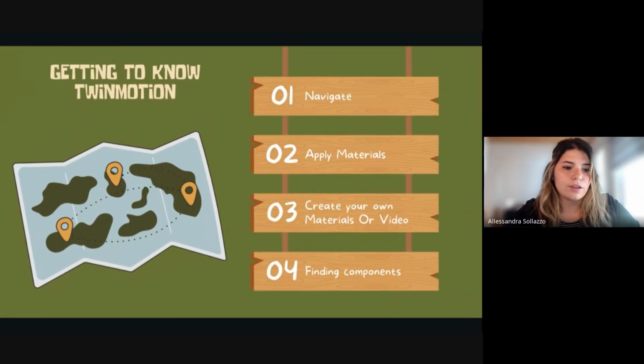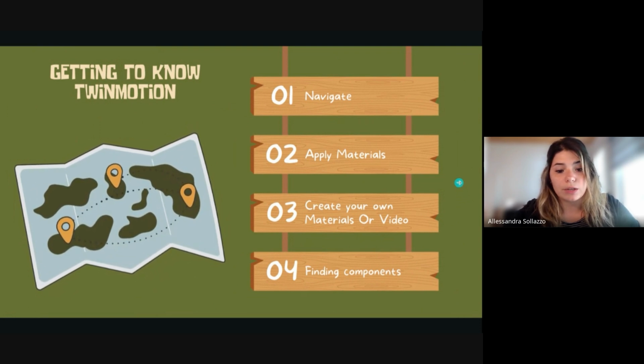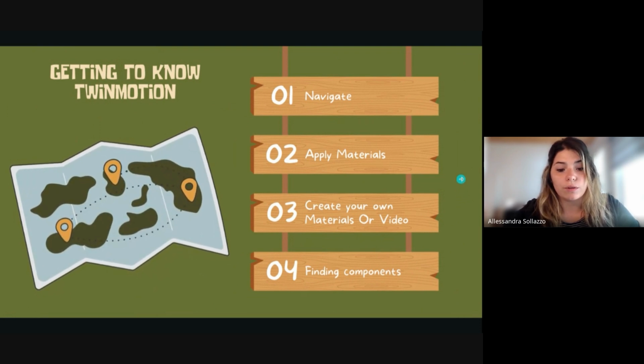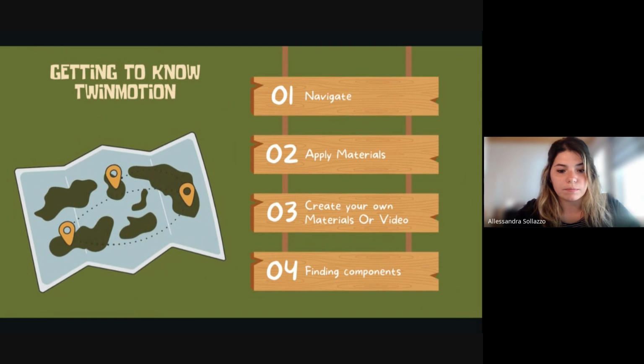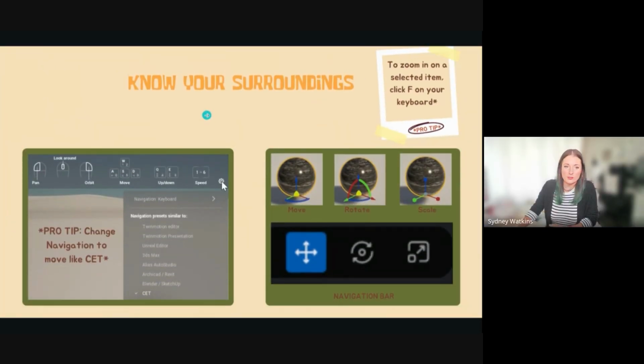Now, to getting to know Twinmotion, we're going to go over the following: navigate, apply materials, create your own materials or video, and finding components. So first off, know your surroundings. In Twinmotion, you're going to have this navigation bar up at the top. This is going to show you how to move. If you're a gamer, it's kind of like walking around.